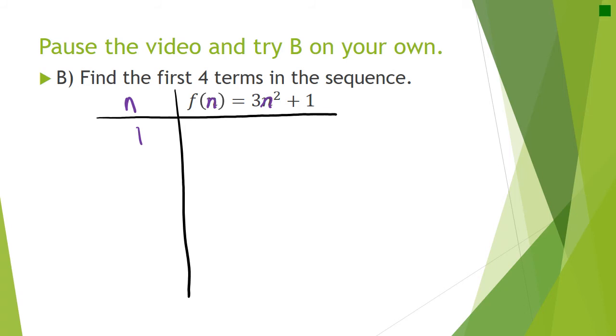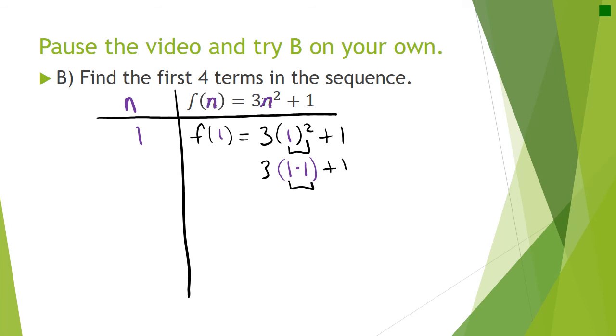So I'm going to take f of 1, which is my first term, 3 n squared plus 1. I'm going to go ahead and replace a 1 here, a 1 there. Don't forget we have to follow order of operations for this one, so make sure that we take care of this 1 squared first, which really means 1 times 1. And then they want you to multiply by 3 and add 1.